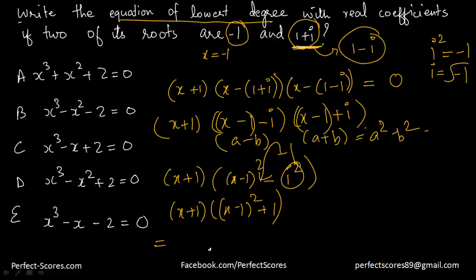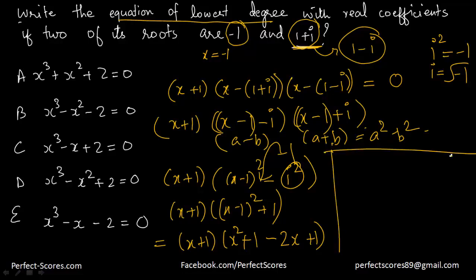And then if I just open this up, this is going to be equal to x plus 1 into a square plus b square minus 2ab plus 1. So this is x plus 1 into x squared plus 1 plus 1, that is 2, minus 2x. Then I'm going to open this up.